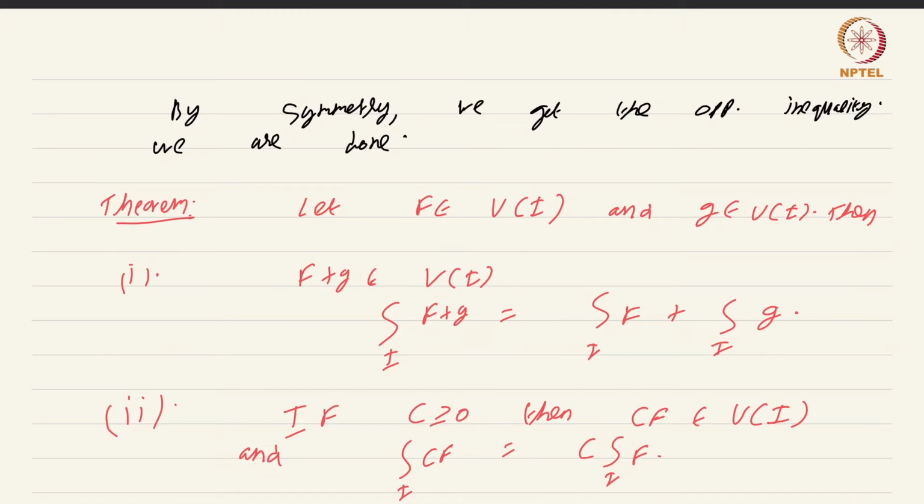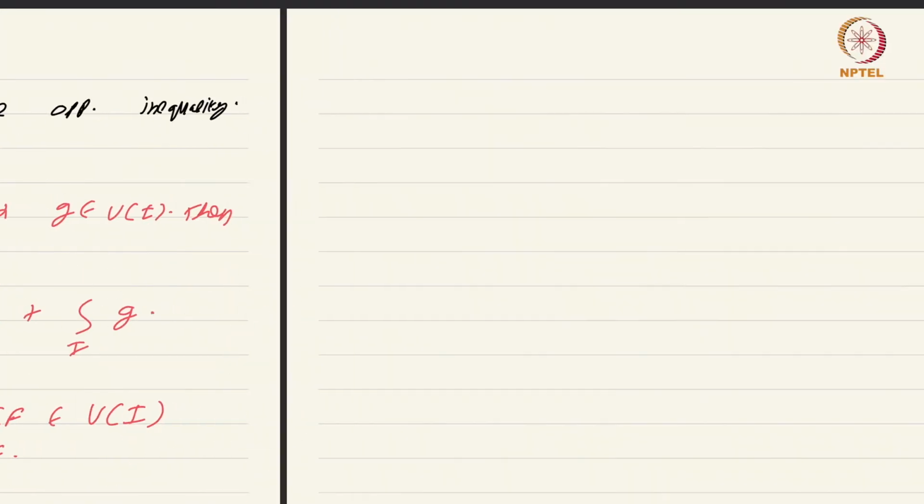So here we actually require c greater than or equal to 0. There are upper functions whose negative is not an upper function, and this is problematic and not nice. There are explicit examples; you can check Apostol's exercises where an explicit example is listed. Property 3, if f is less than or equal to g almost everywhere on I, then the integral over I of f is less than or equal to the integral over I of g.